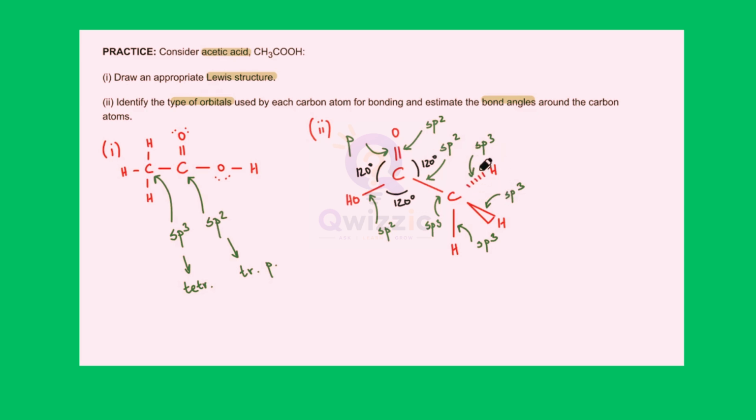For the methyl's carbon, since we have a tetrahedral geometry, all of the bond angles are going to be equal to approximately 109.5 degrees. So we're just going to label one of those angles, 109.5 degrees. And that's it. Let's label our answers, and thank you for watching.